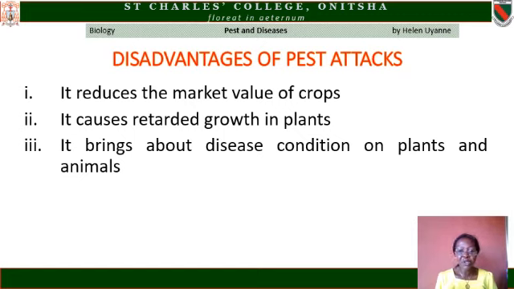Then in animals, you have Newcastle disease, you have coccidiosis, and the others. When you take those animals that are in disease condition to the market, nobody likes taking something that is not good. So you say that pests and their diseases are not good to man, livestock, and their crops.